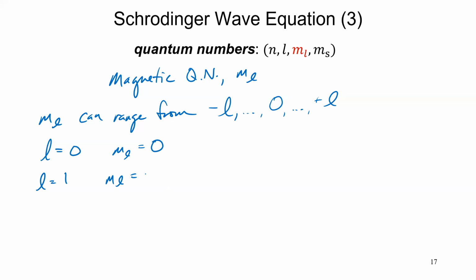Maybe 1 or 0. There's one more option. It could be 1, it could be 0, or it could be -1. Yeah. So all the way from negative L through positive L. So if L is 1, we could have -1, 0, or +1. If L equals 2, m sub L could be 2, 1, 0, -1, -2.